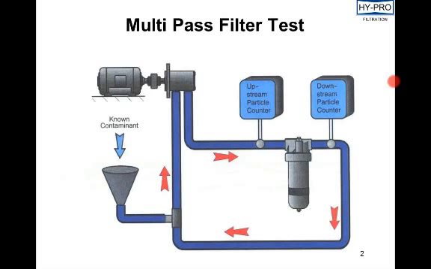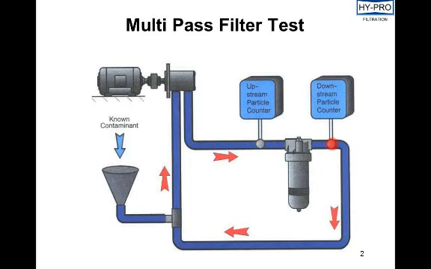So we start with a discussion on multi-pass filter testing, which is the current ISO standard that manufacturers use to validate and develop their filter elements, called ISO 16889 multi-pass test. We have a closed loop hydraulic system into which we add a known quantity and size distribution of contamination. The contaminant circulates through the system and through a test filter where we monitor particle count upstream and downstream from the filter element.